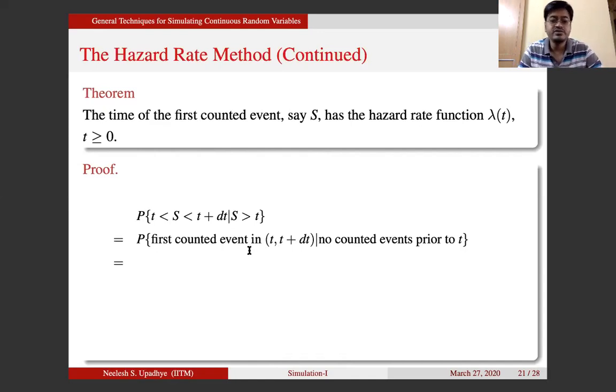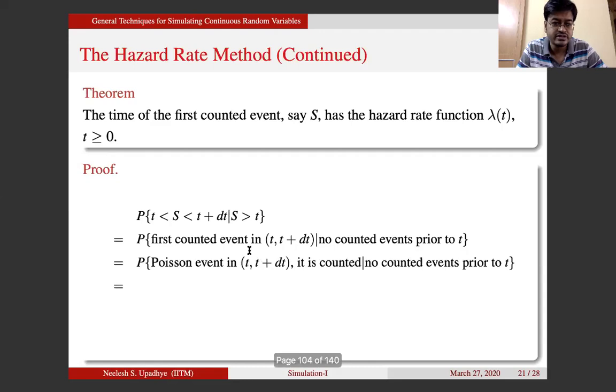I am generating it using a Poisson process. So if the event happens at all, it should happen respecting the Poisson process. Correct? Now, for it to be counted, two conditions must be valid. It may happen that a Poisson event happens but is not counted. Then it will not come in S.